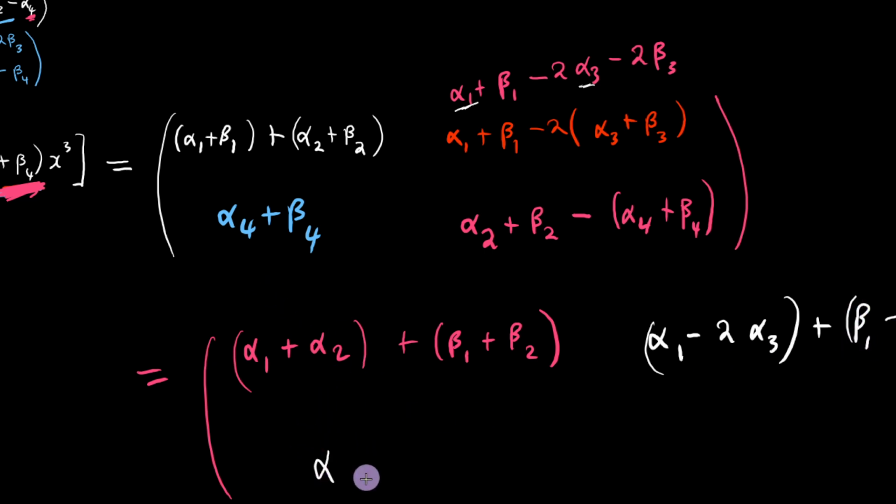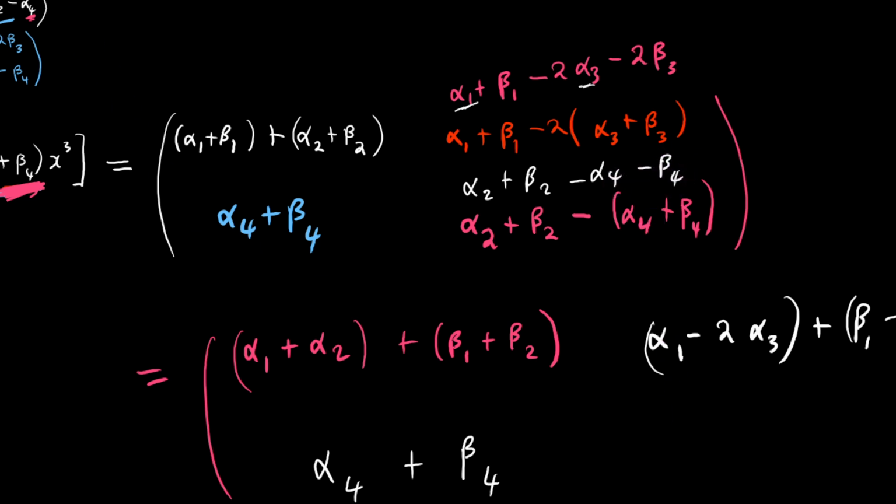So this is alpha 4 plus beta 4. Then here this will be alpha 2 plus beta 2. Then this will distribute as negative alpha 4 minus beta 4.